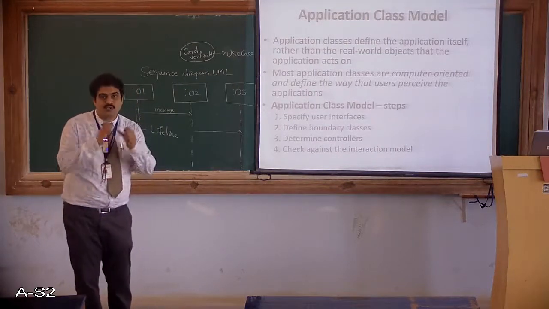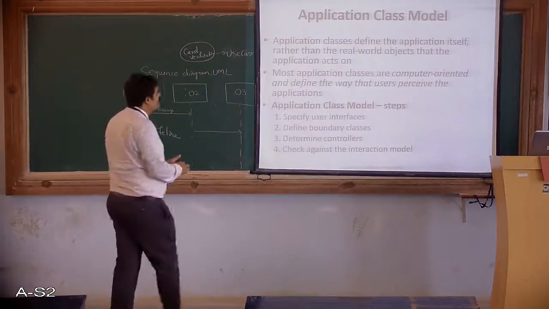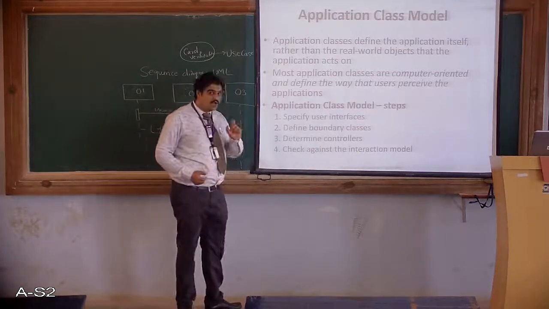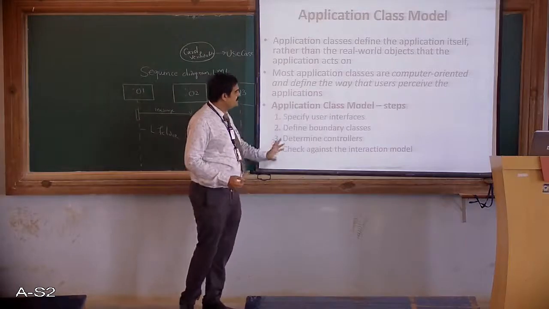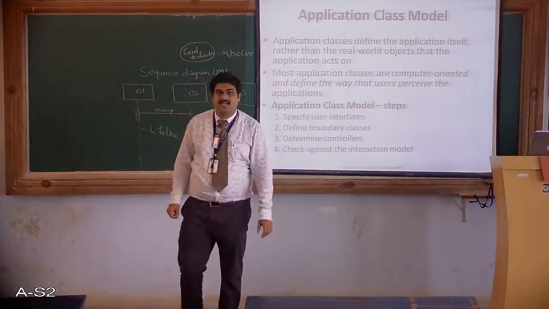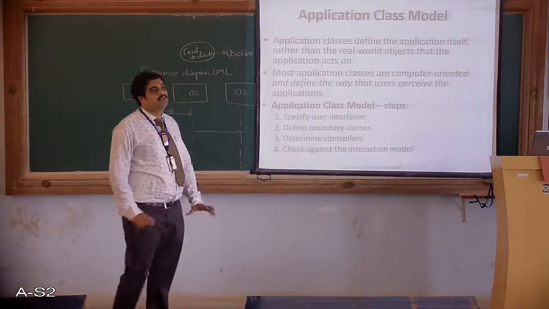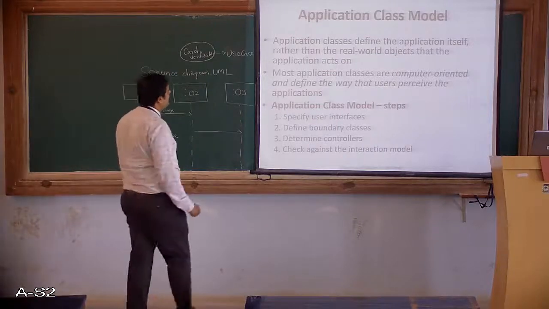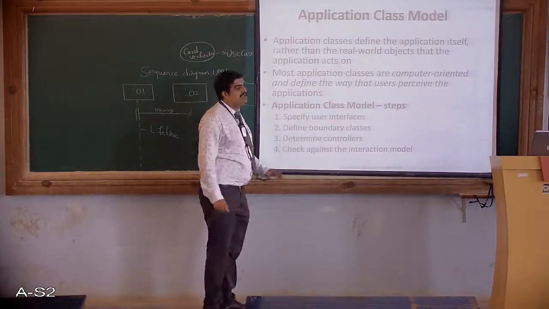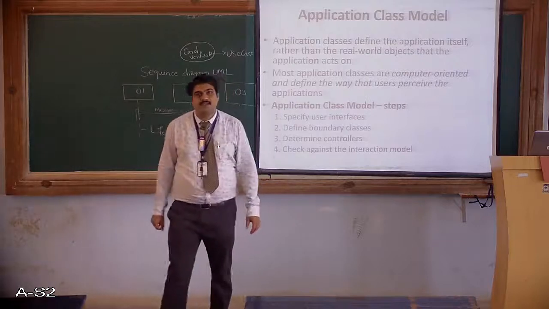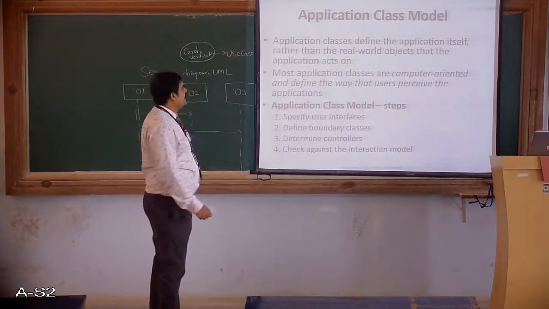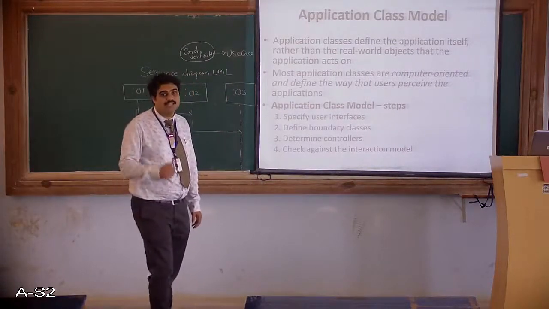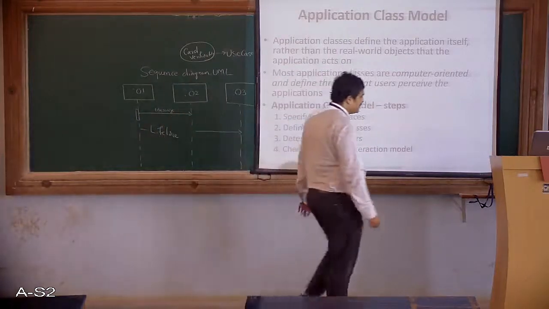How do we define that input-output model to solve the problem that can be addressed in your application class model? That is how you can define the application class model of your system. Now we'll take one case study and try to solve your application analysis concept.